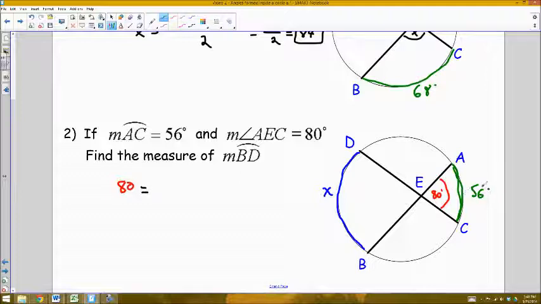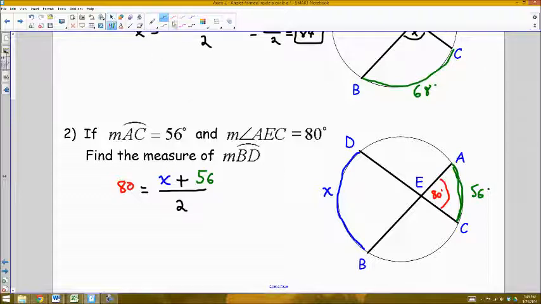The two arcs in this case are 56, and the one across from its vertical angle is X. So I'm going to have to sum up X, the measure of the first arc, and 56, and divide by 2. The reason that the variable X in this case is showing up on this side of the equation is it's the measure of one of the two arcs. It's always the angle is the average of the arcs. So my two arcs are 56 and X. The average of those two things will equal my angle, which is 80.